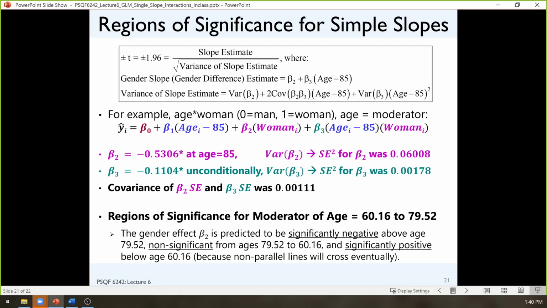So if we put that into the context of the example, the gender slope becomes more negative as age increases, which means that it is stronger or weaker? It's stronger. So this model says that women have a bigger disadvantage if they're older. The gender gap increases.